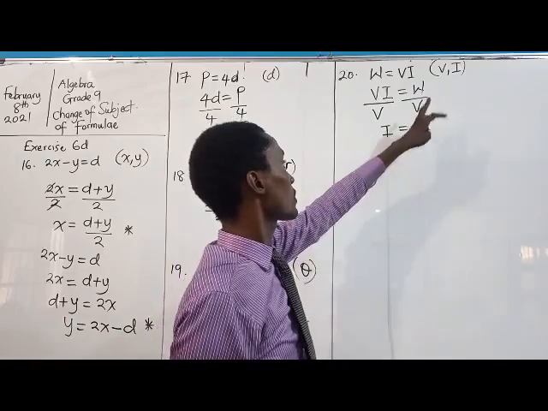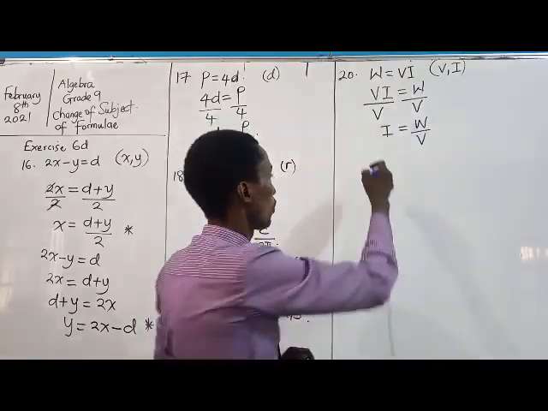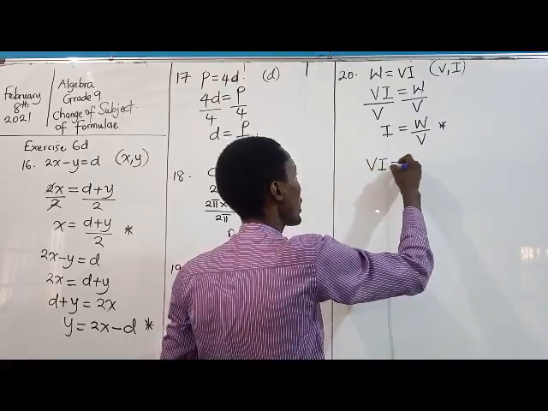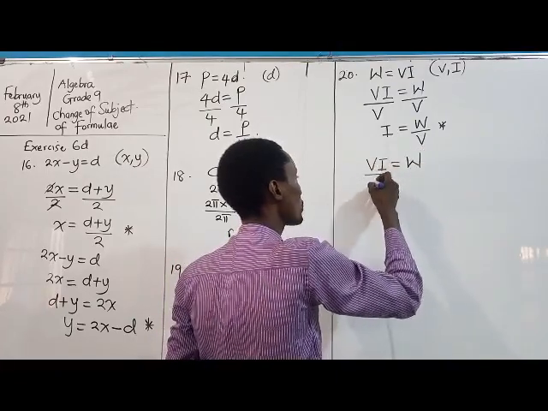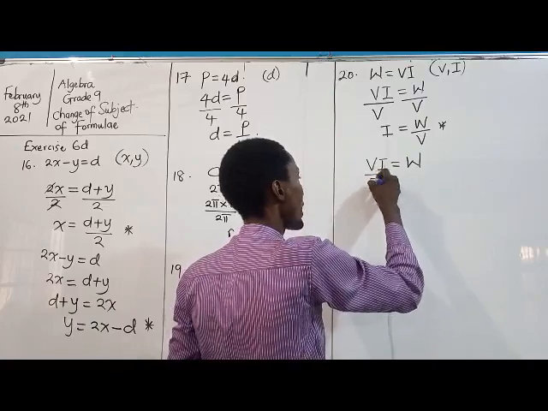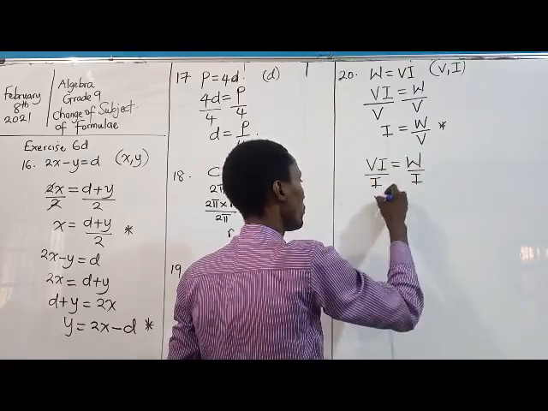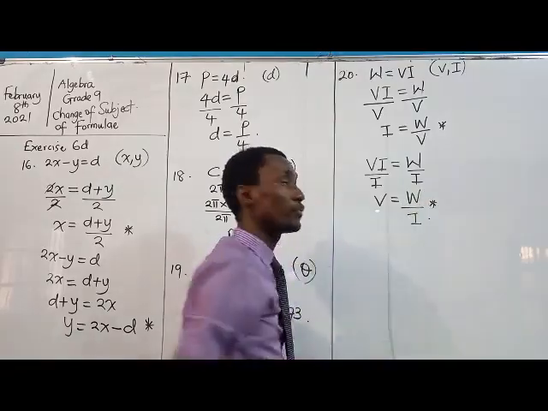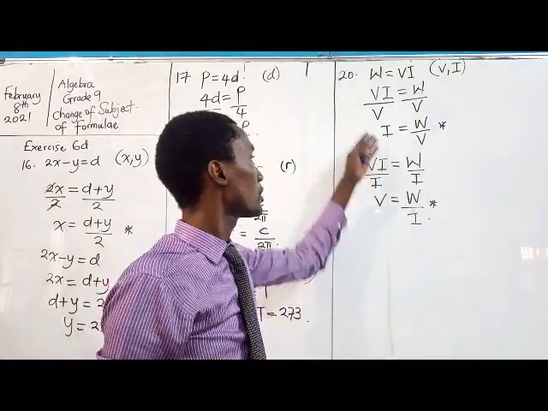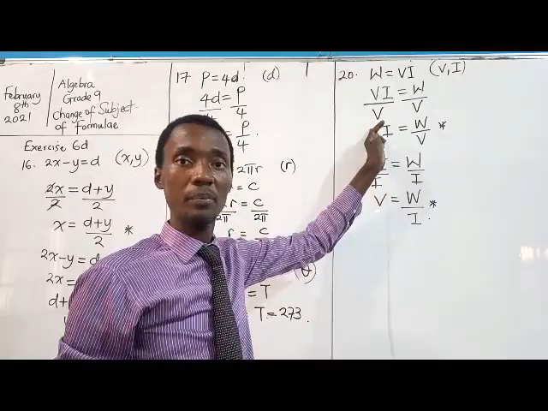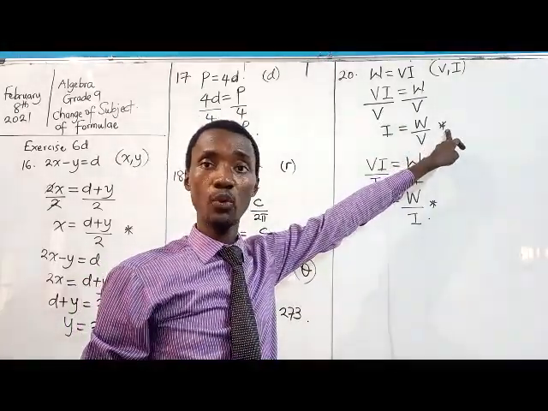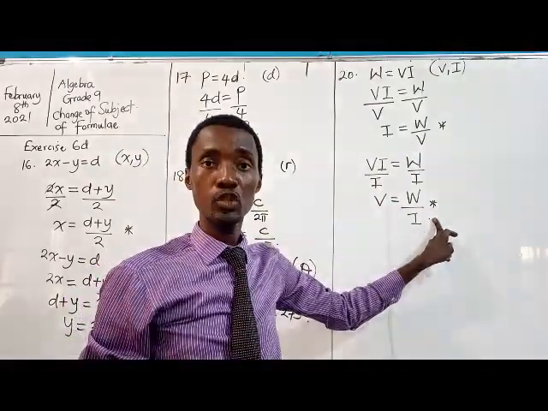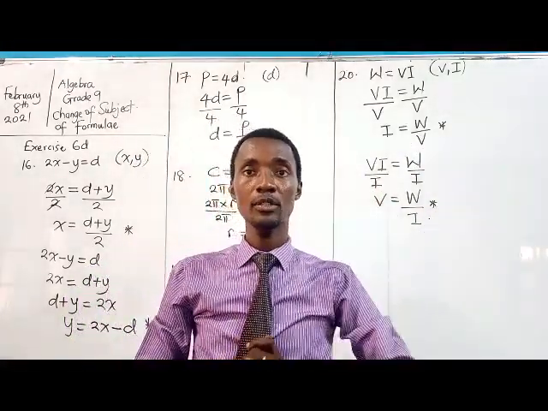Now if we want to move the emphasis to V, we will take from this position VI equal to W and divide both sides by I. And that will be V equal to W over I. That takes care of the second one. So we now have two emphases: subject 1 being I, and subject 2 being V. That takes care of question number 20.